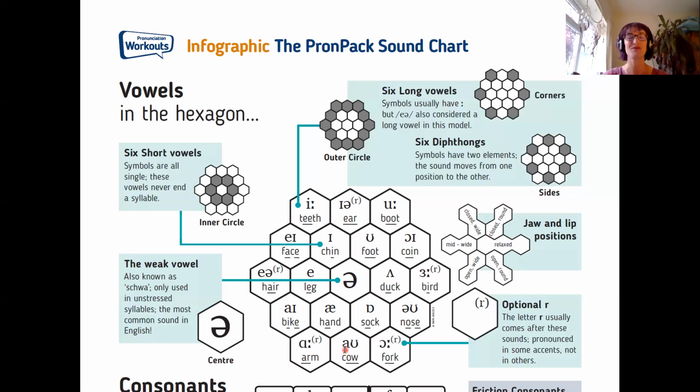This is the noise that British people make when we hurt ourselves. We say, ow. This one, ah, eh, I, I, bike. And this one, eh, eh, a. This is an A sound.